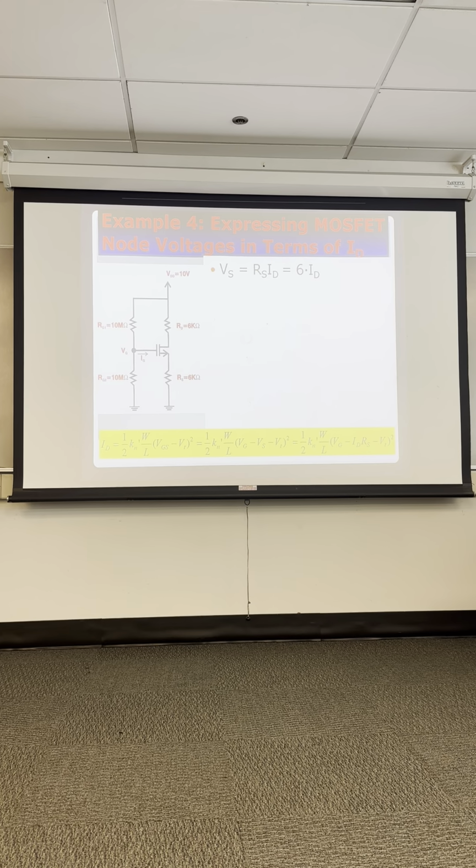So the source voltage is the source resistance times the drain current, and it's actually 6K, 6 times 10 to the 3, times I sub D. Here the author is leaving off the kilo units. You just understand that I sub D will be in milliamps when you solve it.